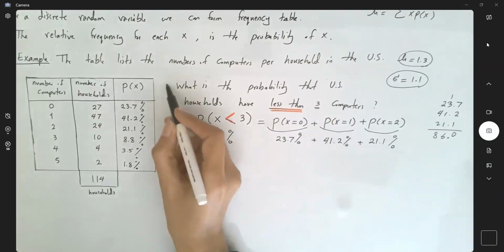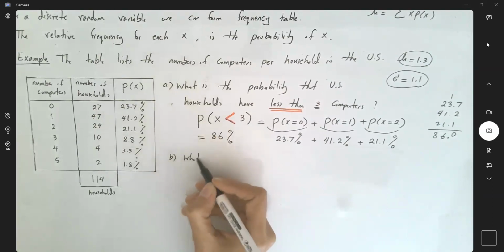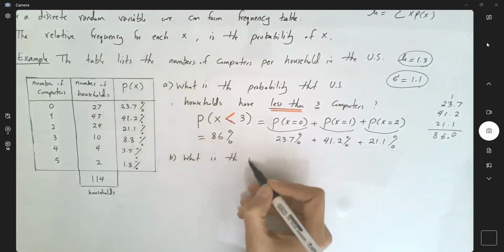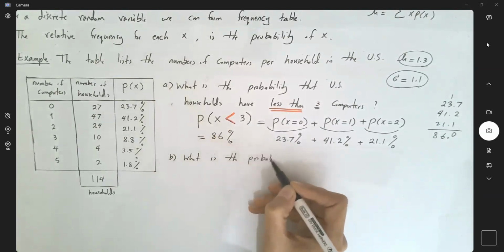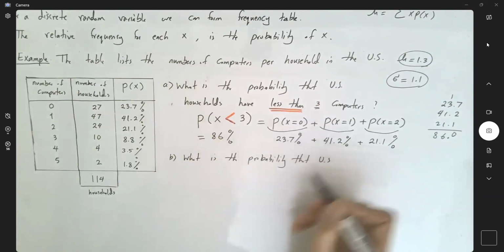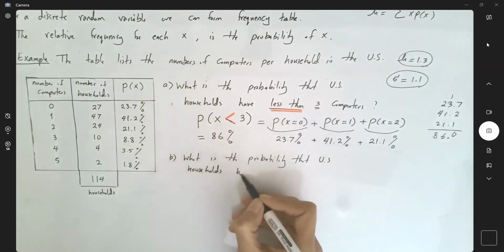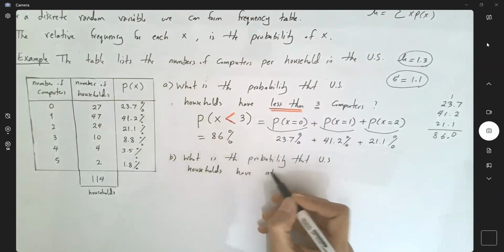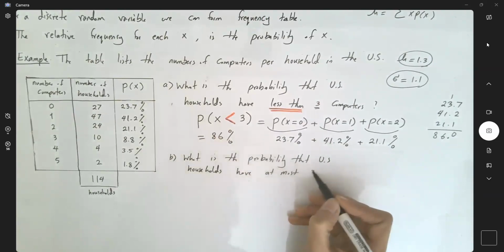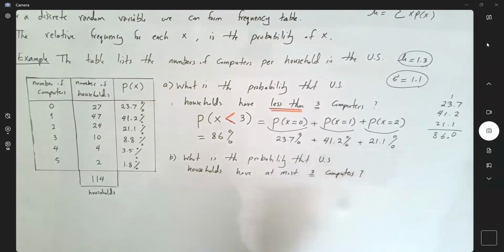So this is A. Let's write down B. What is the probability that US households have at most 3 computers?